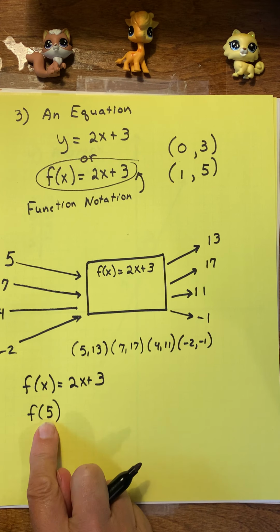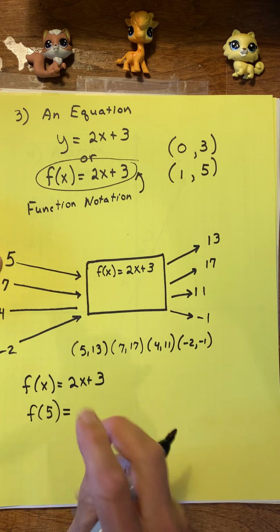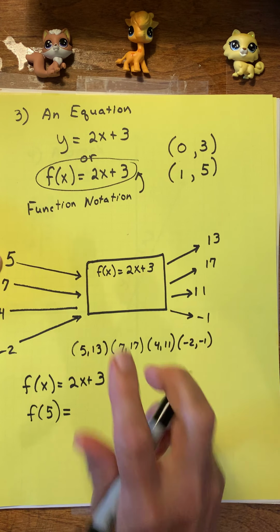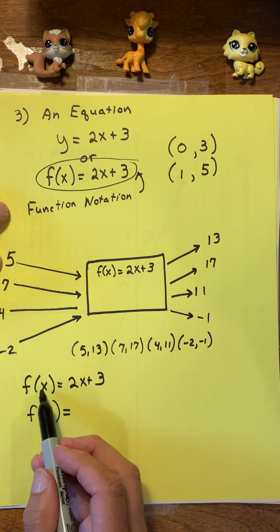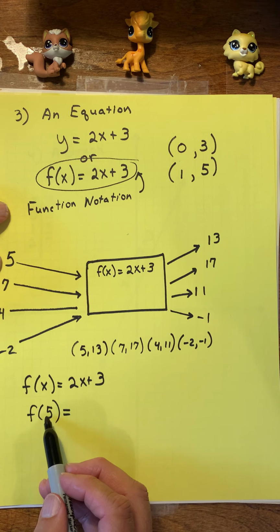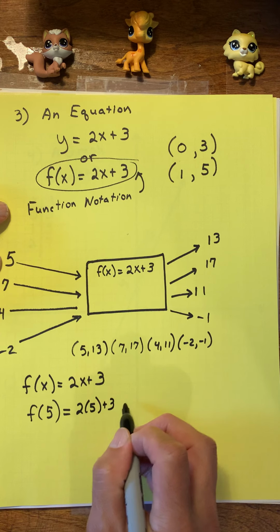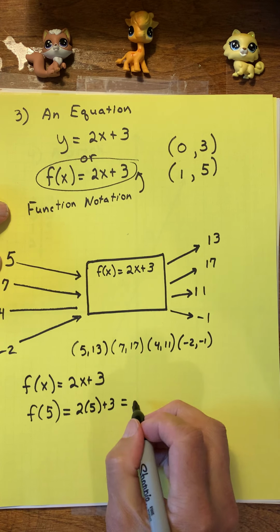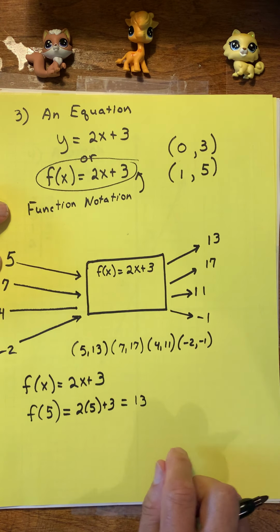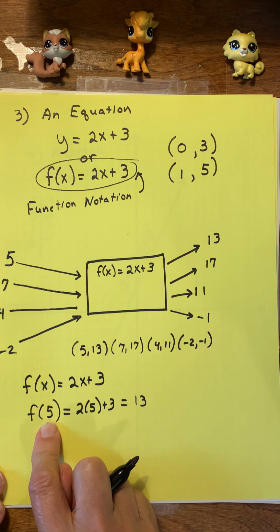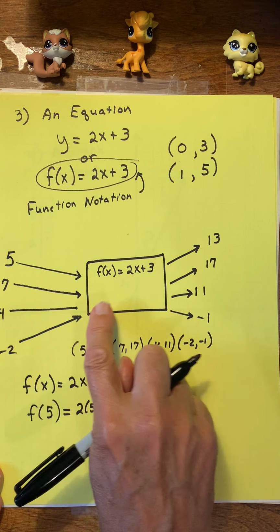That means exactly what we did here. It means everywhere you have an x in your function, you put a 5. F of x is 2x plus 3. F of 5 is 2 times 5 plus 3. 10 plus 3 is 13. No surprise. So this is another way of saying I got an input and an output.